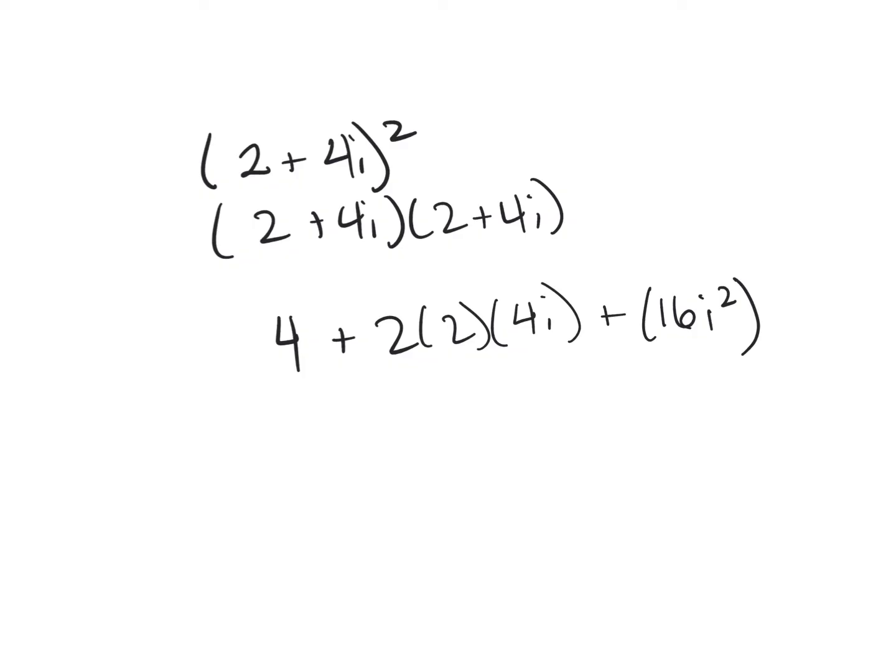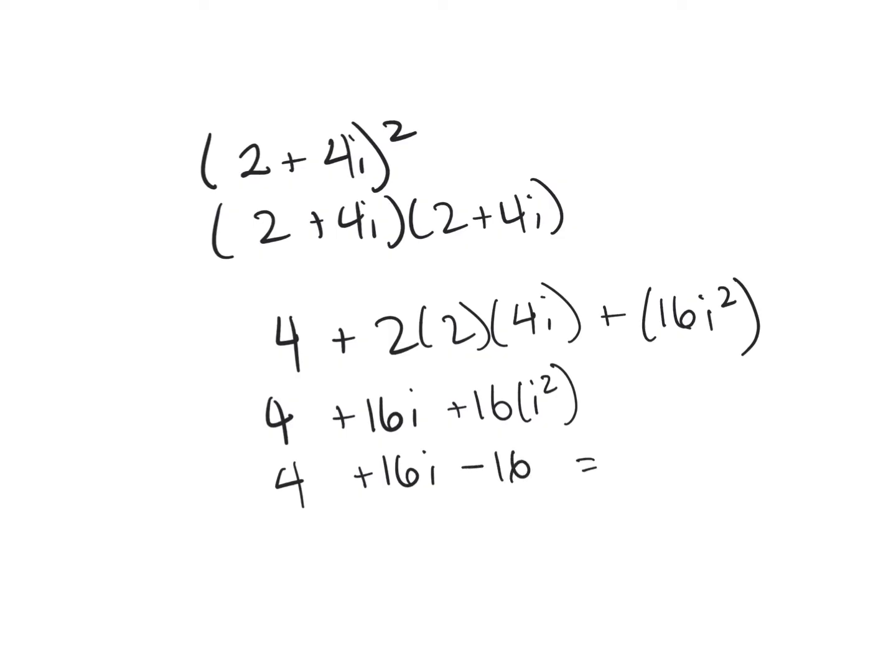So this is 4 plus 16i plus 16i squared. But i squared is negative 1. So this is 4 plus 16i minus 16, which is negative 12 plus 16i. Keep in mind, you're always going to put your non-i term first and your imaginary term second.